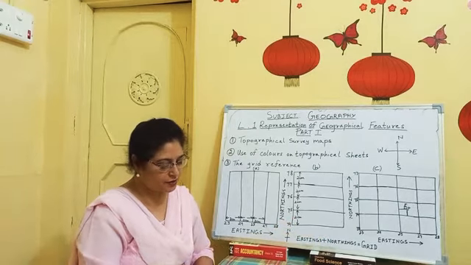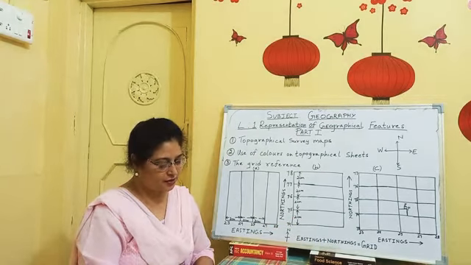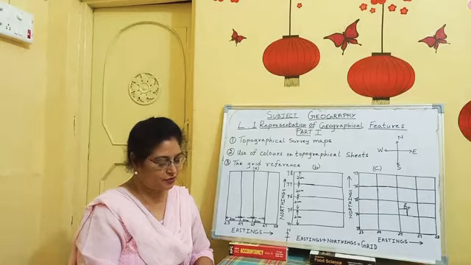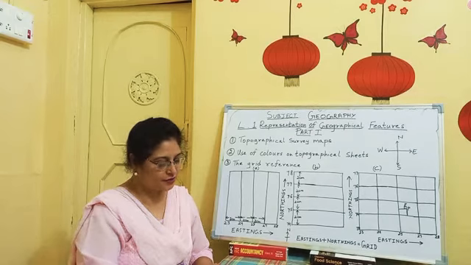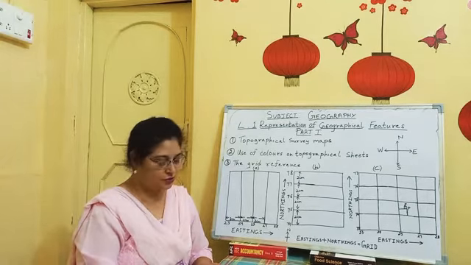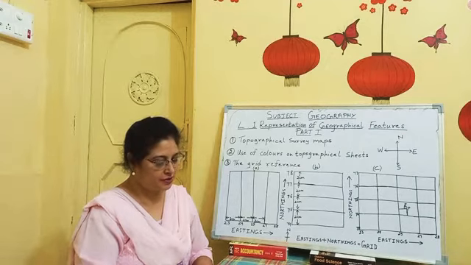So how do we do it? For locating a feature, a 4-figure grid reference is used. Example, the 4-figure grid reference of the town Sangla is 9274. That is, easting will be 92 and northing will be 74.